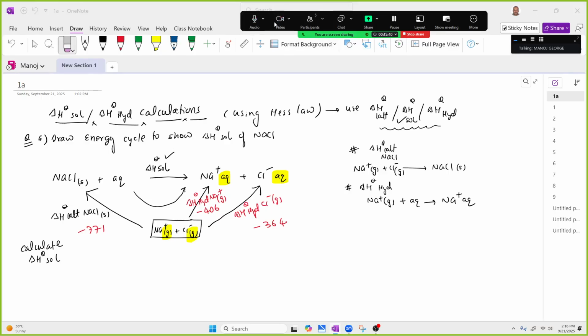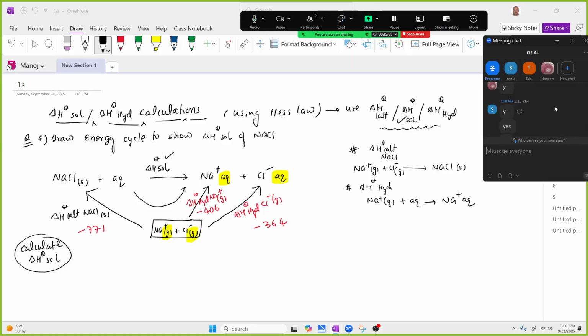Okay, sorry, guys. So I have to calculate delta H solution using the Hess's law maths. So I'm waiting for you to give me the answer if you can by yourself at this stage. Okay, already someone has answered.